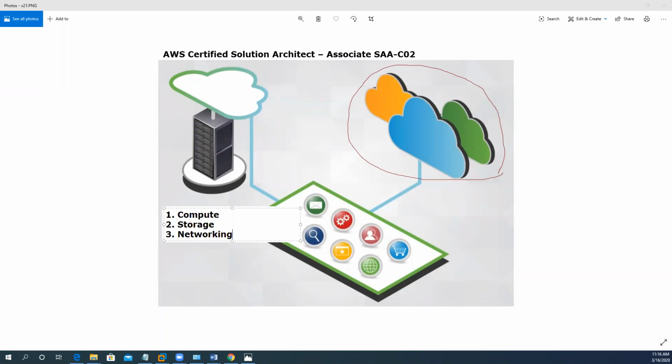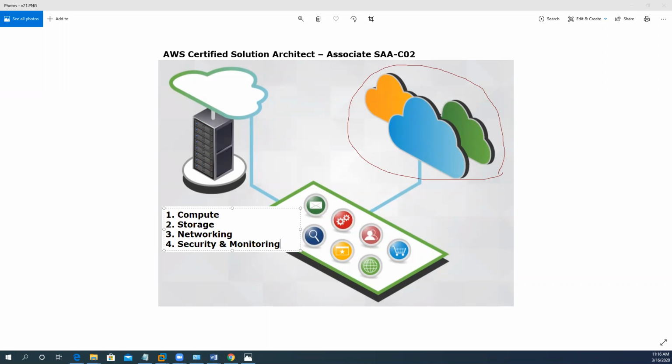Or if you want to add another component, you can also add another tremendous component related to the IT infrastructure, which is called security and monitoring. So these are the four major resources.